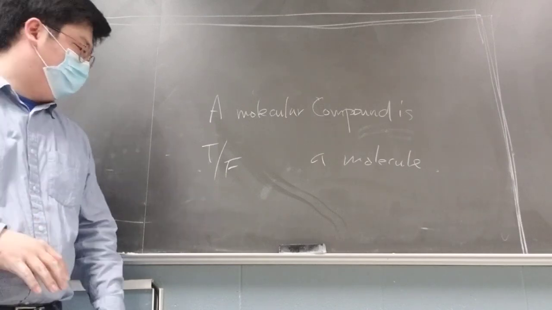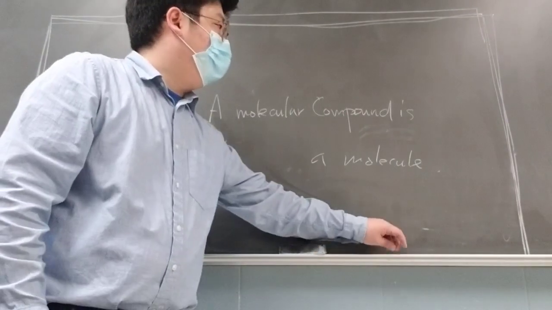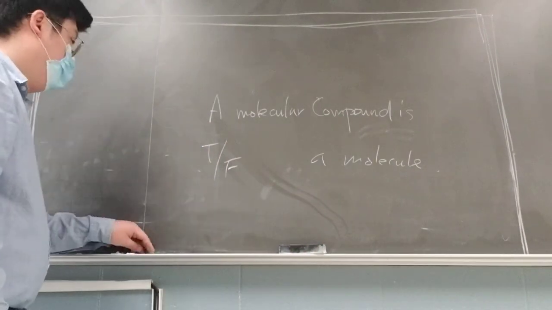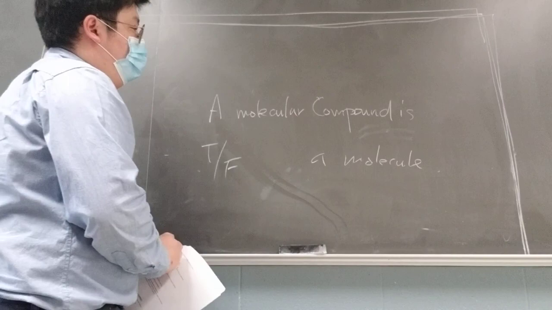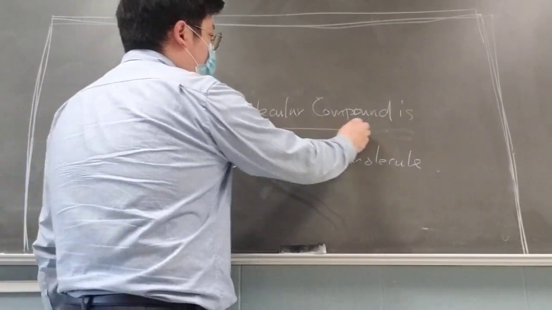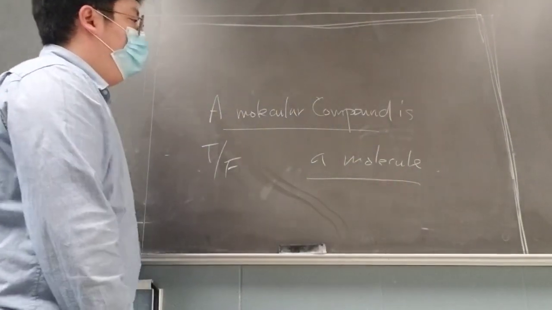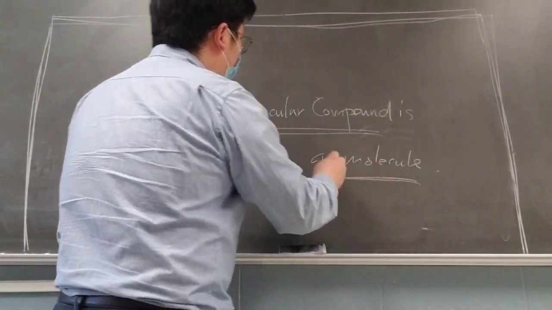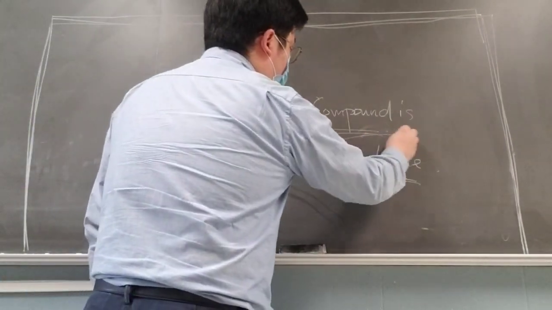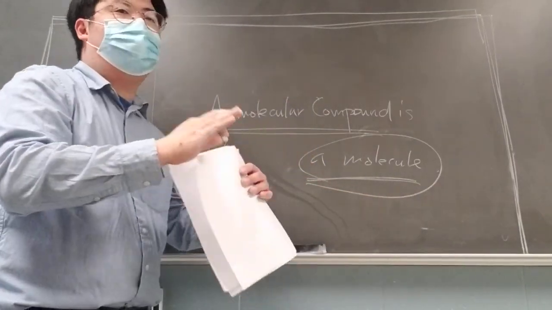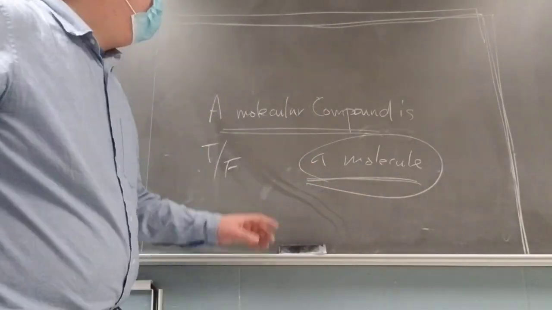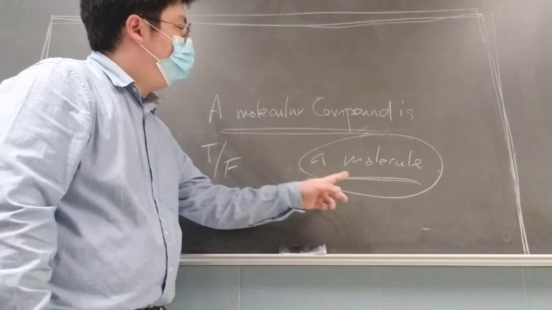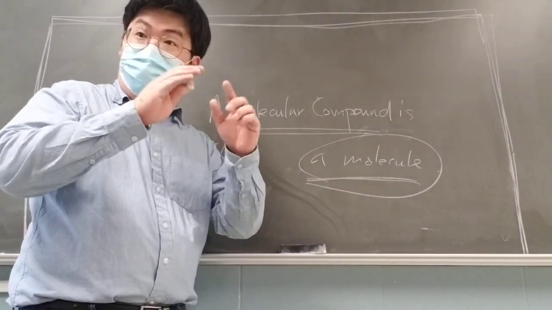Okay, let's do this together. This is not so correct because, oh no, I'm sorry. This is correct, because the molecule is the broader concept. So compound is one type of molecule.